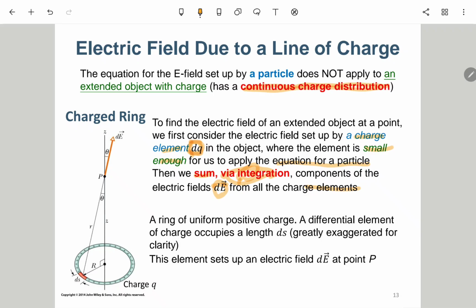So a ring of uniform positive charge, a differential element of charge occupies a length ds.